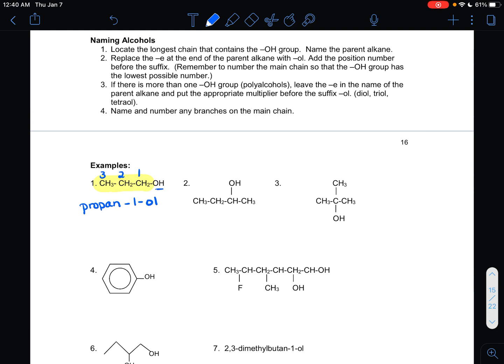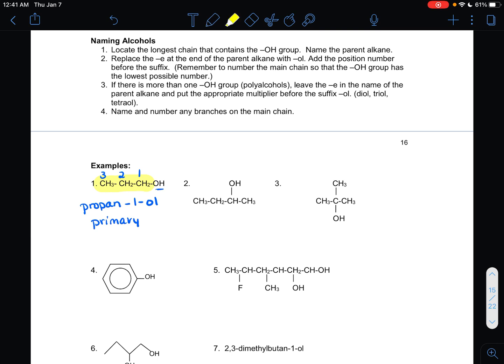I know it seems kind of weird to say, but that is basically how it's been decided. In the past, they used to put the number in front, so it would be 1-propanol, and it seems easier to say, but when you add branches to that, it becomes a little bit more difficult. By the way, this is a primary alcohol. Okay, the hydroxyl is on the end carbon.